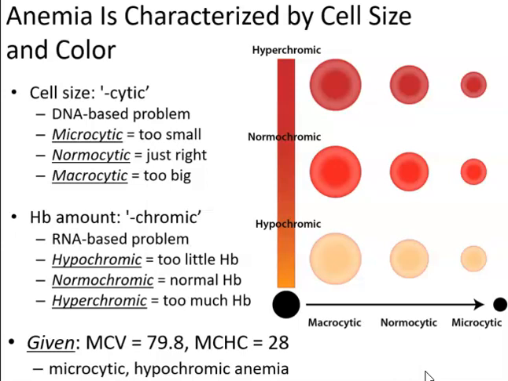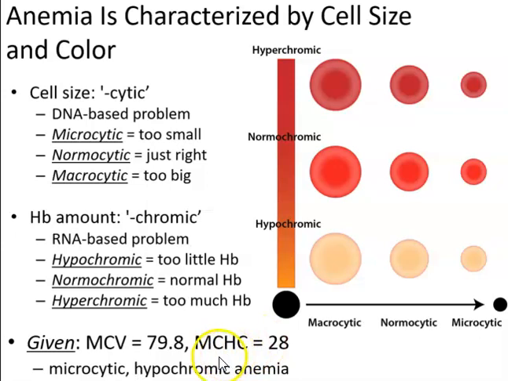So for example, we know that the normal mean corpuscular volume is between 82 and 92. So if we are given that MCV is 79.8, it is below the normal range, so we would consider that the cell would be microcytic, so small for its cell size.